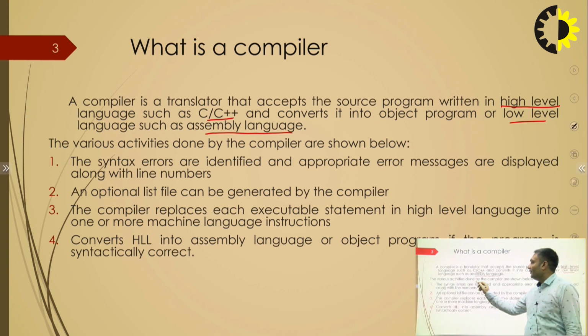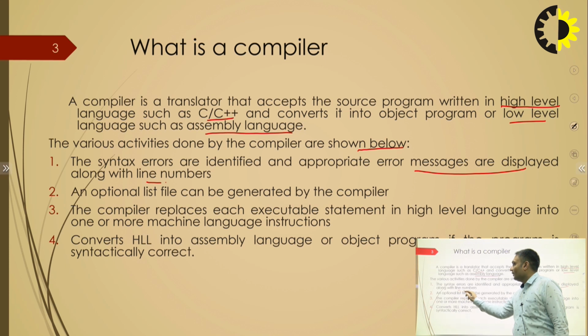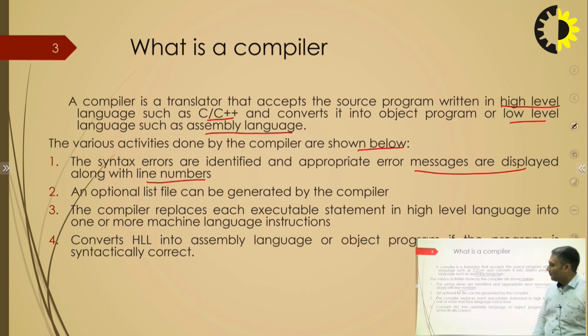There are various activities done by the compiler during this process. If there is some syntax error identified, then an appropriate error message should be displayed along with the line number by the compiler. Second, an optional list file can be generated by the compiler.